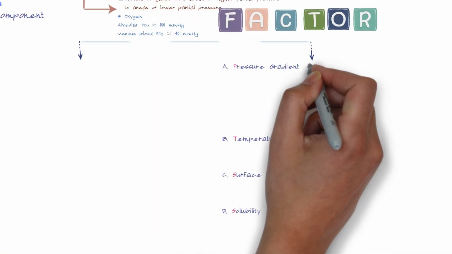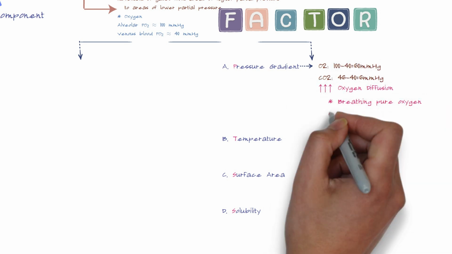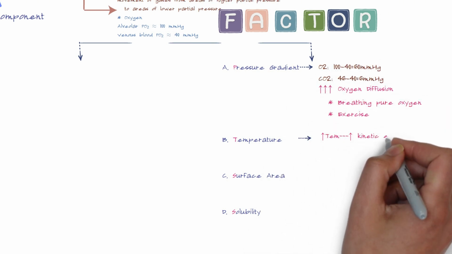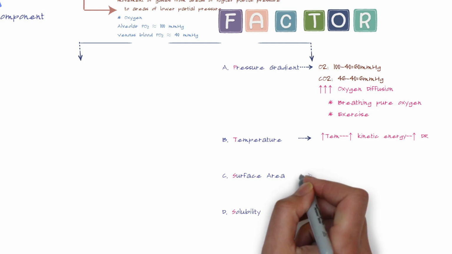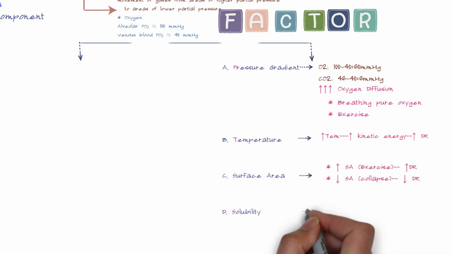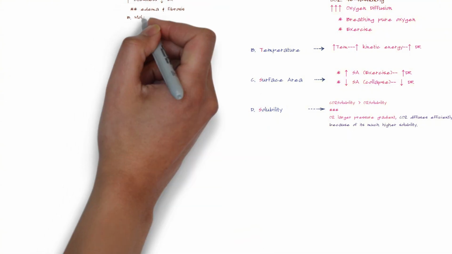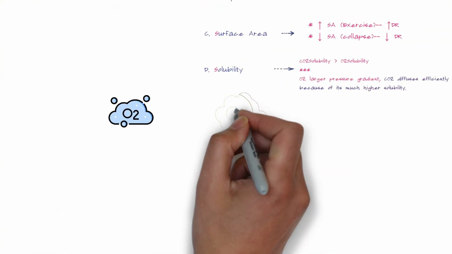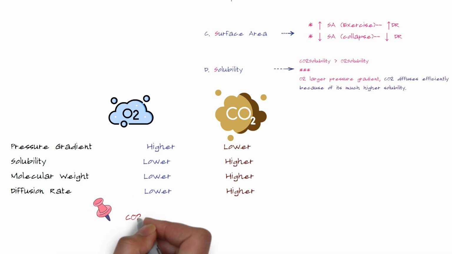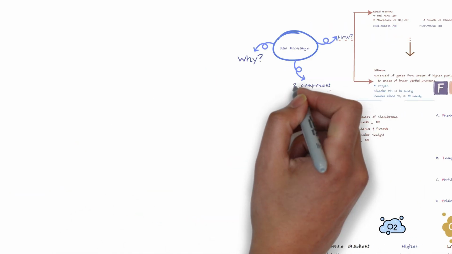Also, comparing oxygen and carbon dioxide, oxygen has a large pressure gradient, yet carbon dioxide diffuses more rapidly because of its solubility. Also, we learned that diffusion depends on the ventilation and perfusion.